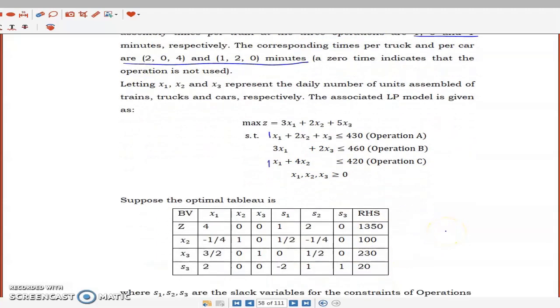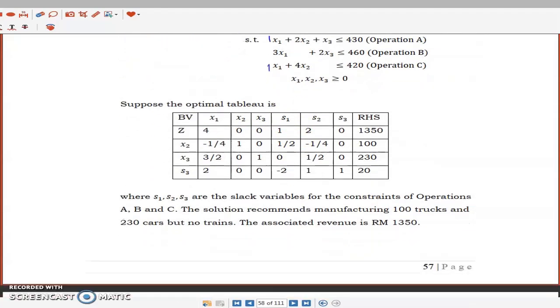After solving this problem by using the simplex method, we get this optimal tableau. From this optimal tableau, we can see that the company should produce 100 units of toy trucks and 230 units of toy cars, and no production of toy trains because X1 is 0.